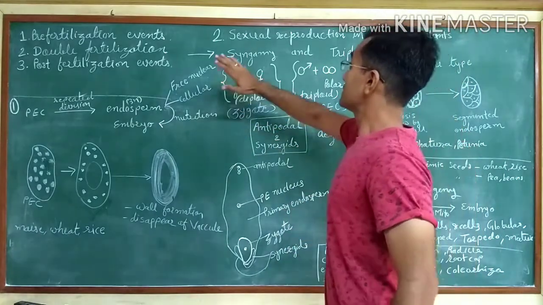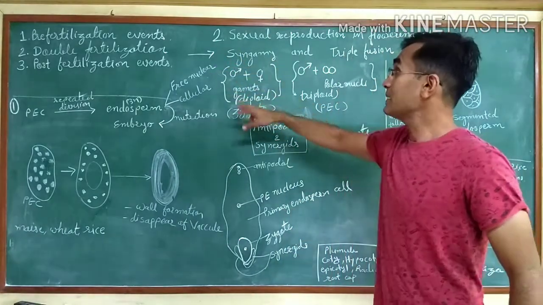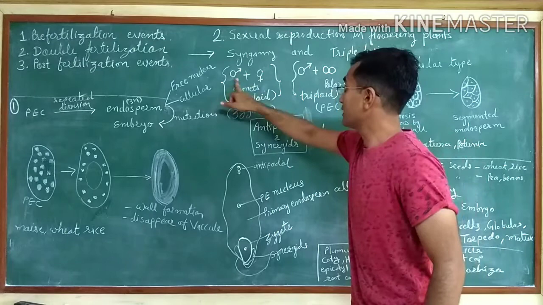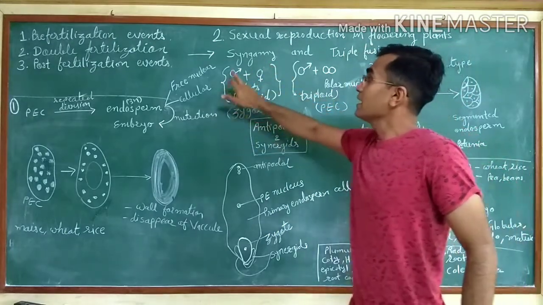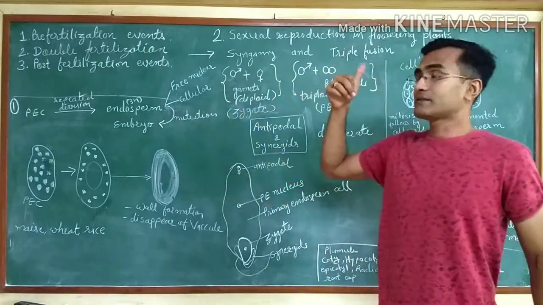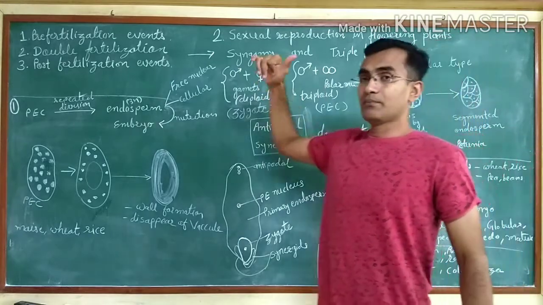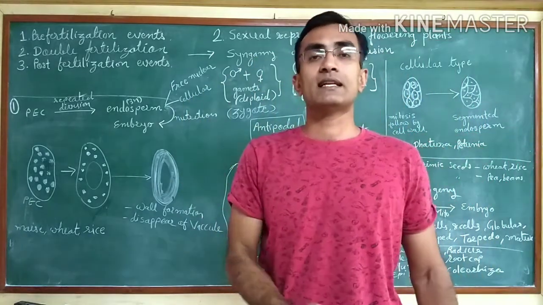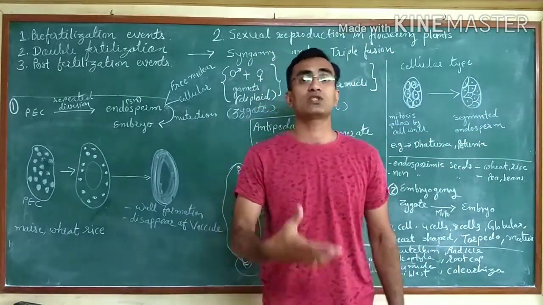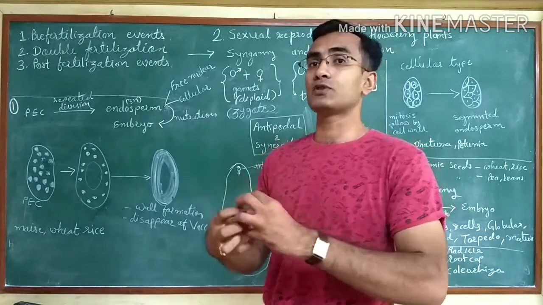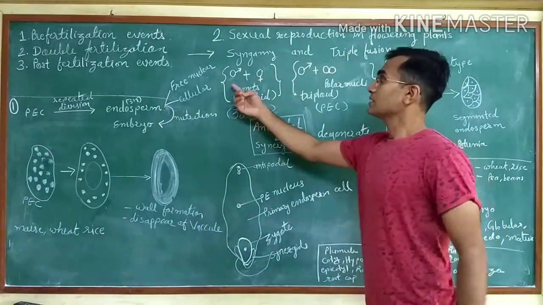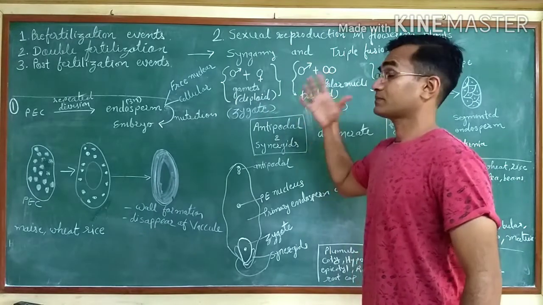See here, what happened in syngamy: the male gamete I have shown over here and the female gamete will bind and form a zygote. The male gamete is always haploid in nature and the female gamete is also haploid in nature. So two haploid gametes will fuse and form the diploid zygote.